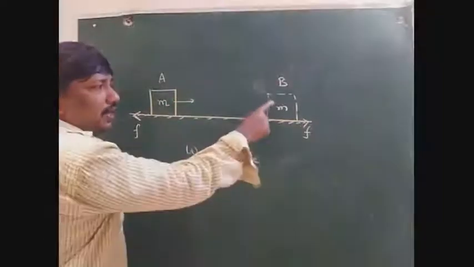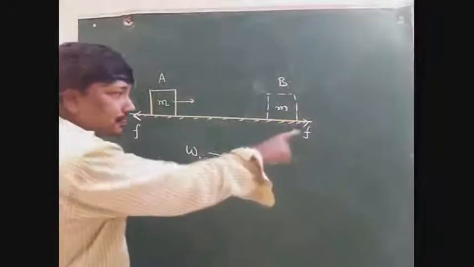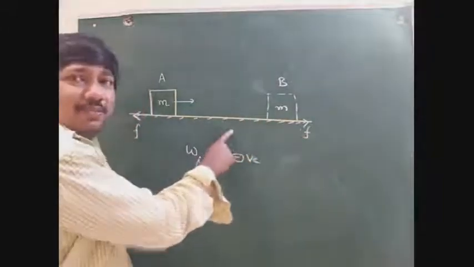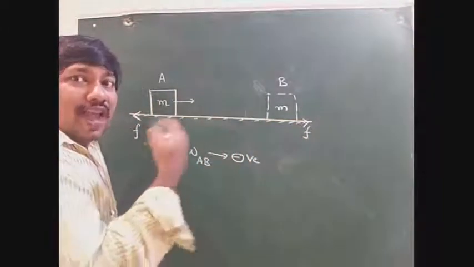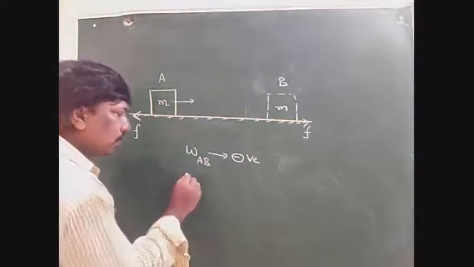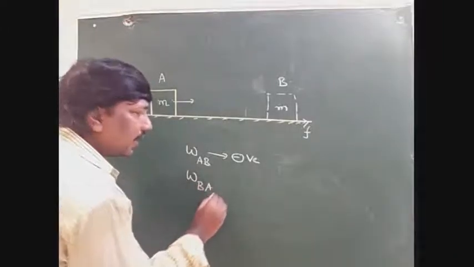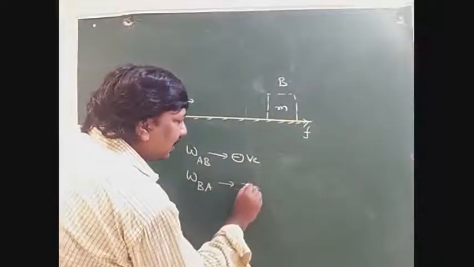So when the body is moving from B to A, the frictional force and displacement are anti-parallel vectors, and the work done is also negative. Therefore the work done by the frictional force from B to A is also negative.